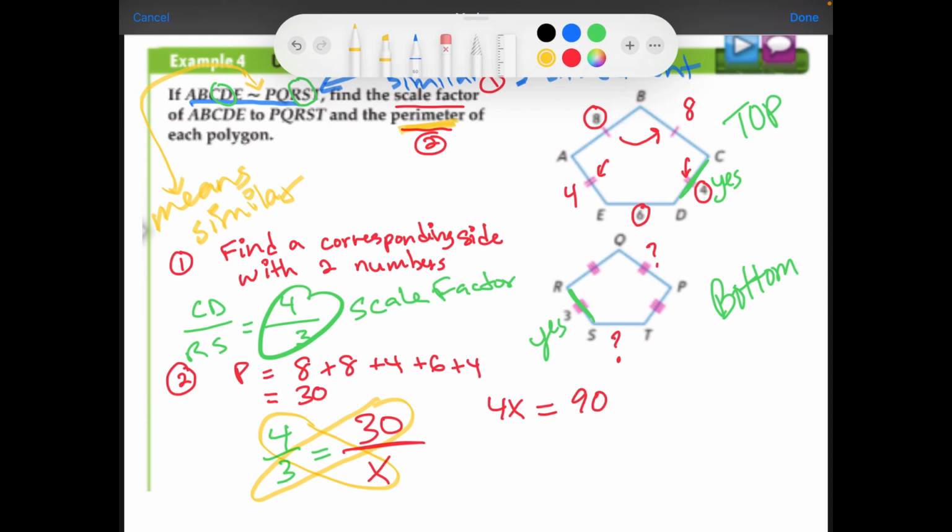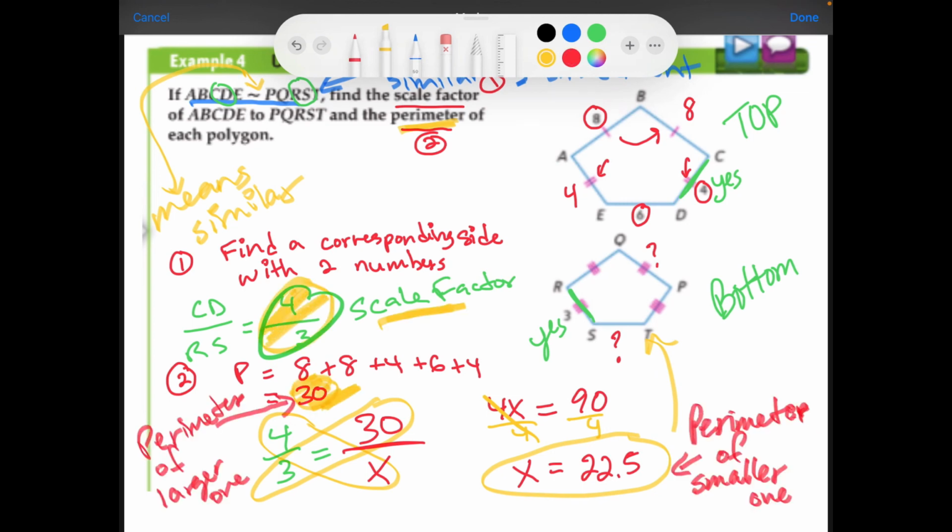And if we were to divide both sides by 4, our final answer is going to be 22.5. This is the perimeter of the smaller polygon. We have our scale factor, we have our perimeter for the larger one, and the perimeter for the smaller one.